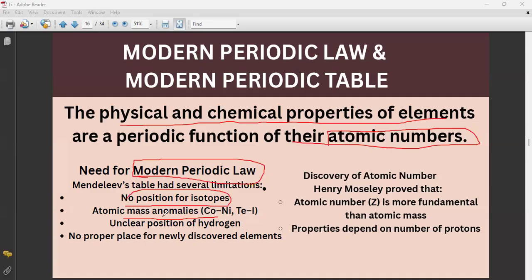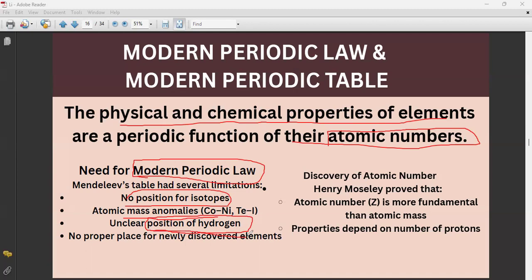These were not placed according to the increasing order of atomic mass, and there wasn't any clear position for hydrogen. Sometimes it was placed in group 1 and sometimes in group 8. So these were some limitations we have seen in the Mendeleev periodic table.